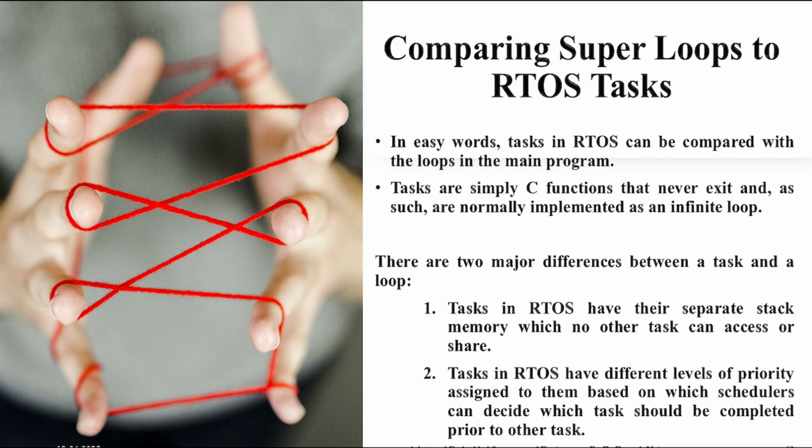In future, we will see how to write functions related to tasks, how we can set the priorities, and how we can write a program in RTOS to do simple jobs, and later complicated systems can be designed using RTOS. With this, I would like to end this presentation.